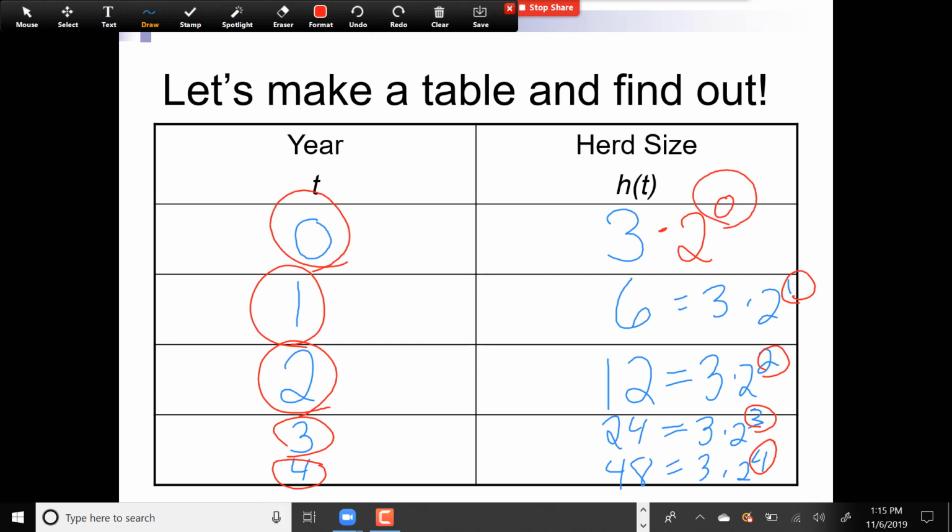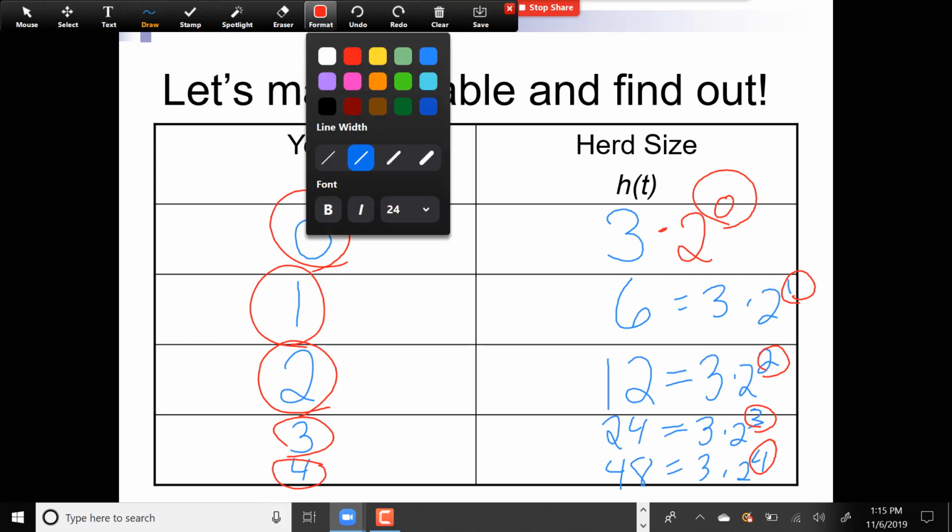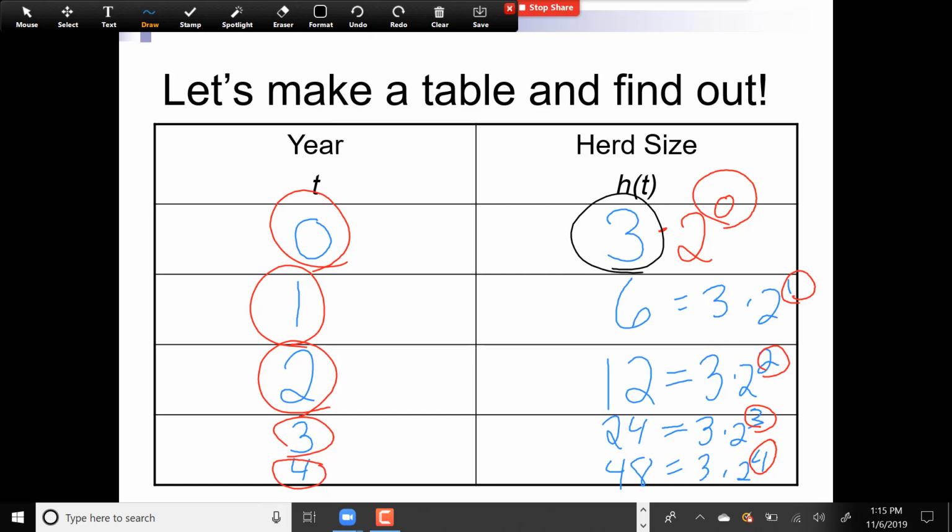You might see a pattern here. The starting amount of alpacas that we had is always this first number here, and then our exponent is always the same as the year in each case.